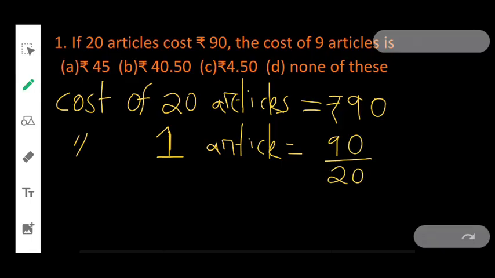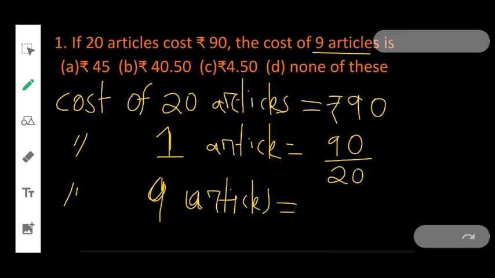Then we have to find out the cost of 9 articles. So the cost of 9 articles equals 90 by 20 multiplied by 9.